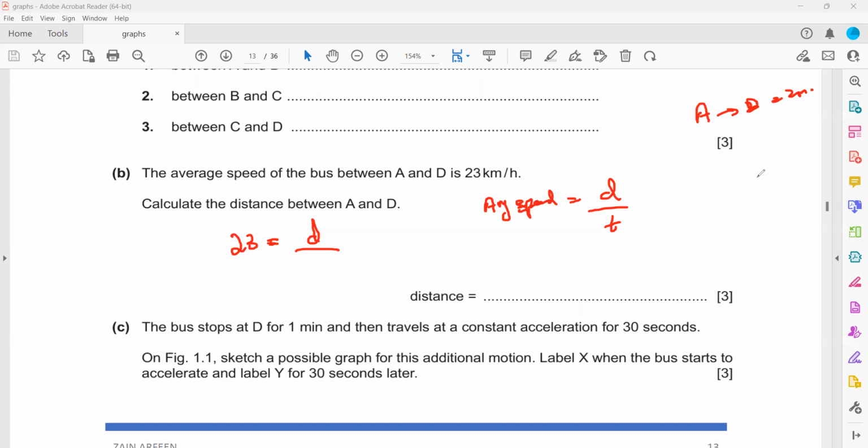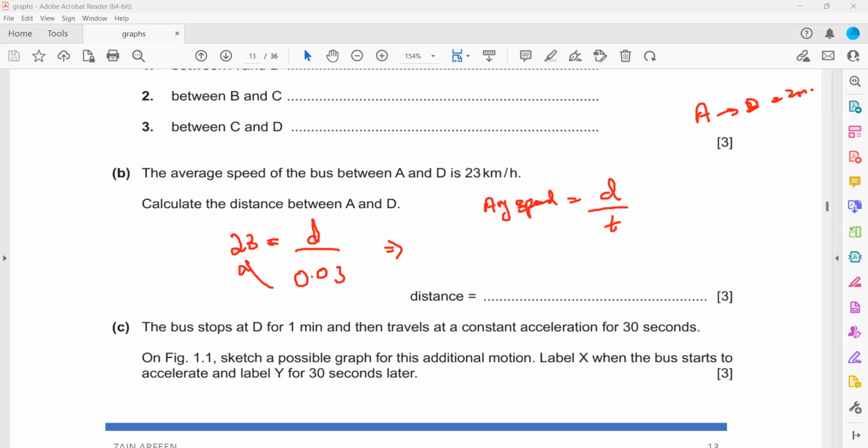So 2 divided by 60, which is equal to 0.03. Then the total distance traveled will be 0.03 times 23.